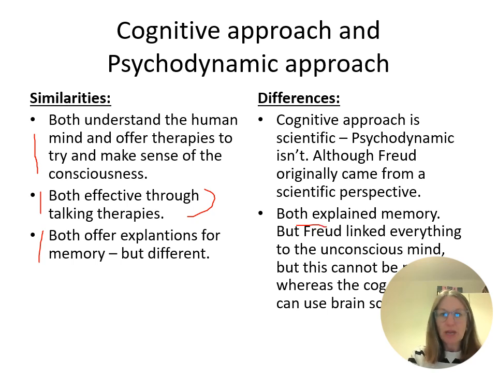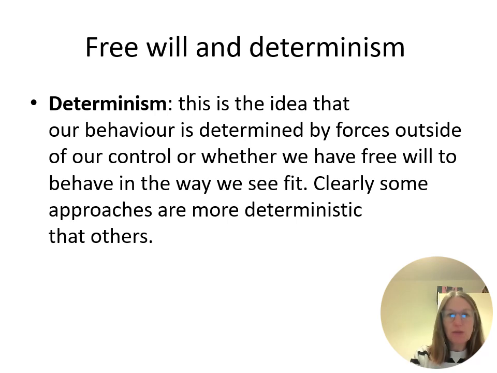I put that one in as a similarity to begin with, but actually I then put it into a difference as well. And it doesn't matter if it's not clear cut, because the discussion is going backwards and forwards. So that is your compare the approaches overview.